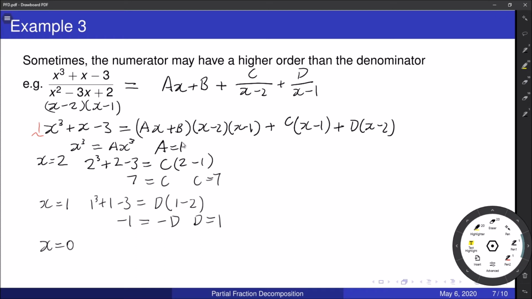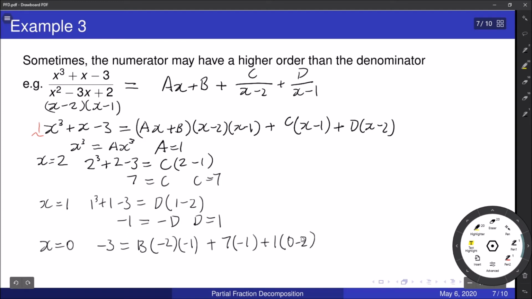That surely will make a disappear. So negative 3 equals b times negative 2 times negative 1, then plus c, which is 7, times negative 1, plus d, 1, times negative 2.